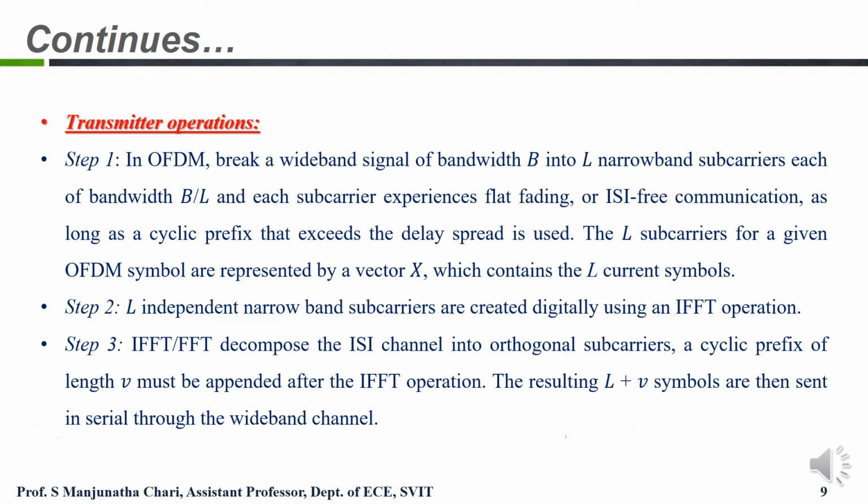All L subcarriers are given OFDM symbols represented as a capital X vector, and here L independent narrowband carriers are created using the IFFT operation, and here all the IFT or FFT decomposed ISI channels will undergo the orthogonal frequency subcarrier technique. A cyclic prefix is appended after the IFT operation, and the resulting L plus V symbols are then sent through the serial wideband channel.